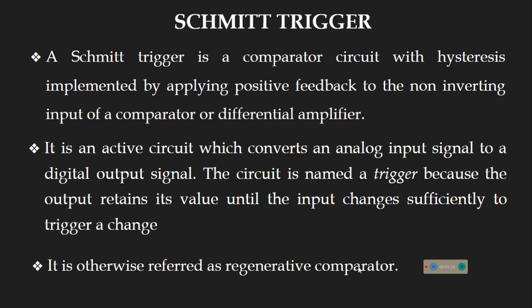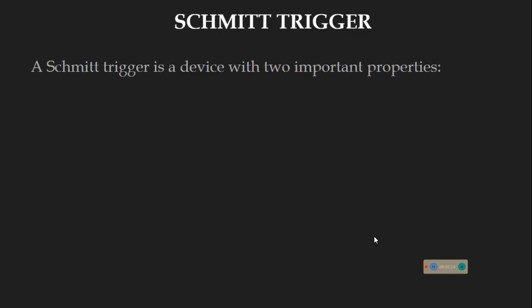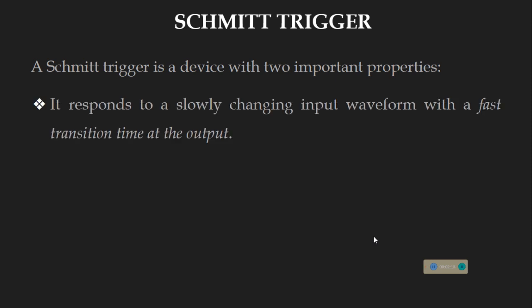So this is a comparator. That is, the output is nothing but the comparison of the input and the threshold. Whenever the input crosses the threshold, whenever it exceeds the threshold, we will be having a state transition in the output voltage. Right? So it has two major important properties.